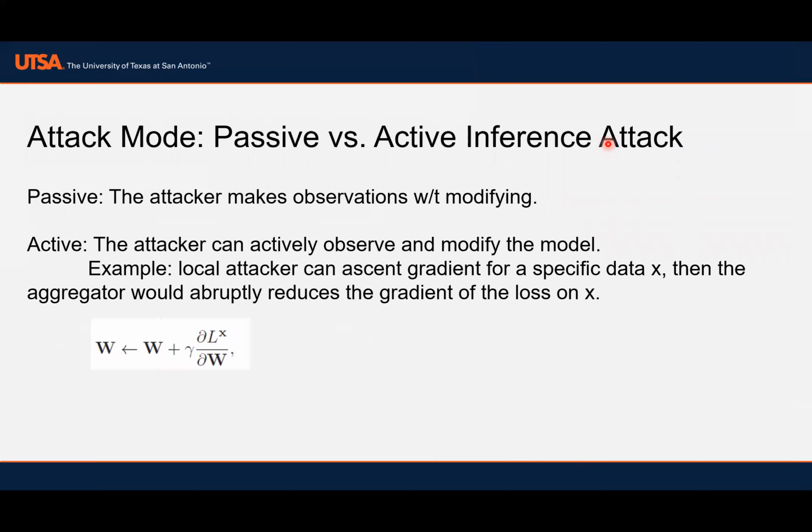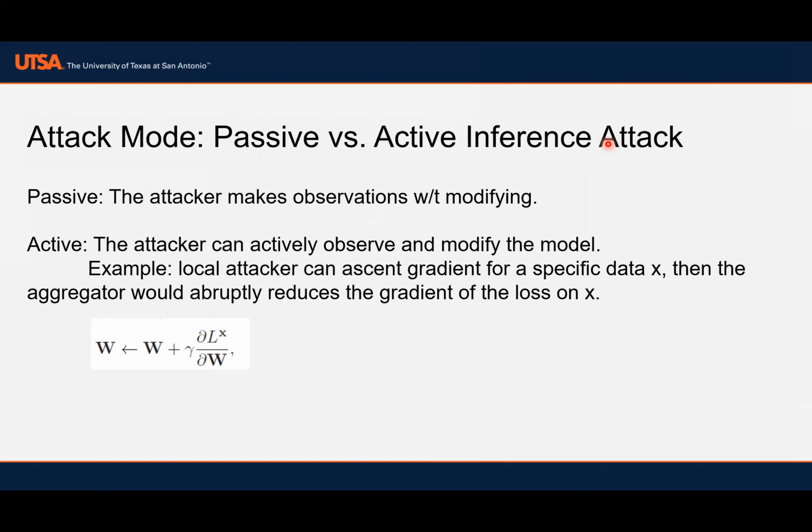For the attack modes, there are two attack modes. The first one is passive. For passive attacks, the attacker makes observations without modifying. And for the active attack, the attacker can actively observe and modify the model.